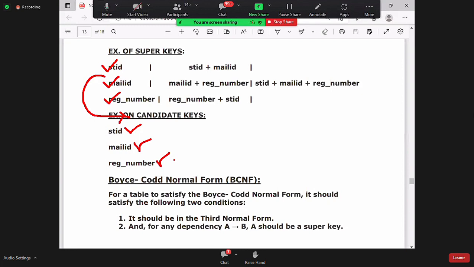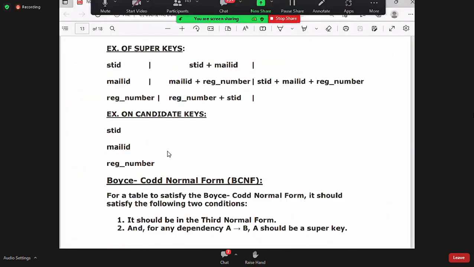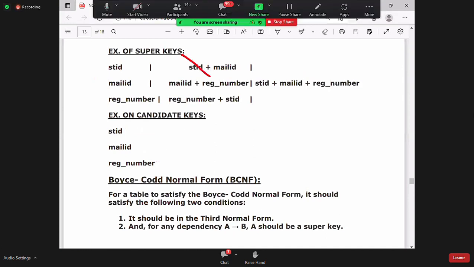Candidate key means only mind, what is your mind? Individuality, not a combination, only individualities. So every individual super key is called a candidate key. But two combination of super key columns is never a candidate key. That's why, can you see, this is combination, so not a candidate key.